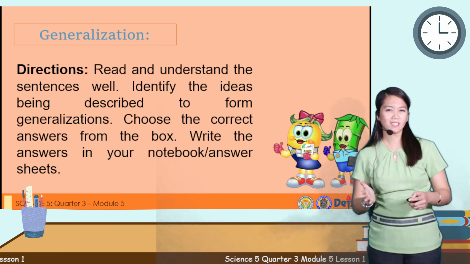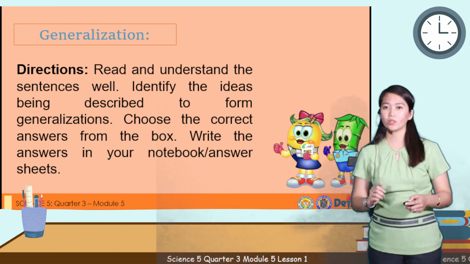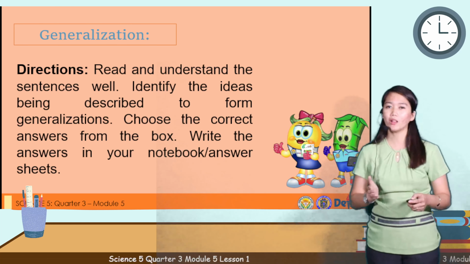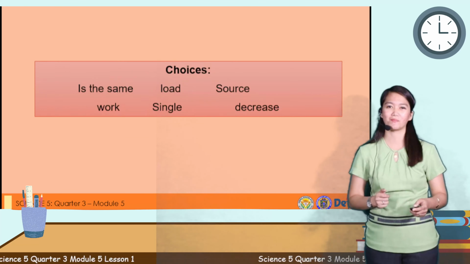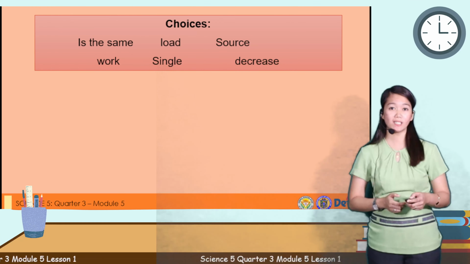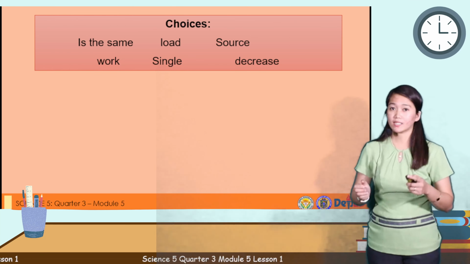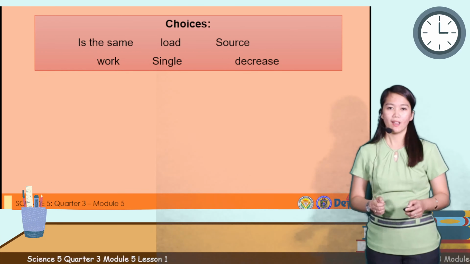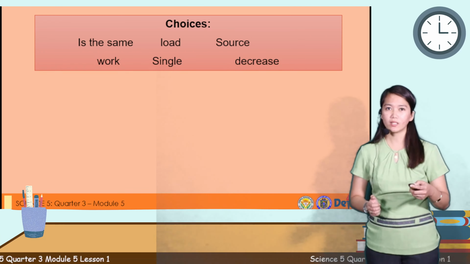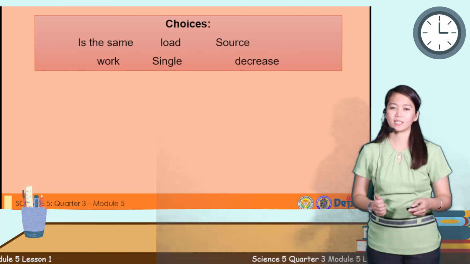Write your answers in your notebook or answer sheets. Are you all ready? Okay, I guess you are all ready. So these are the choices: the same, work, load, single, source, or decrease.